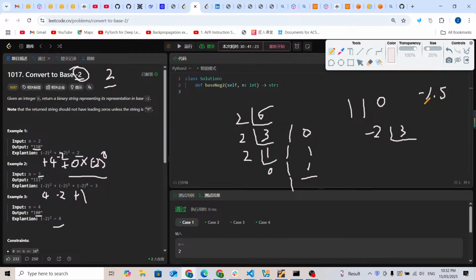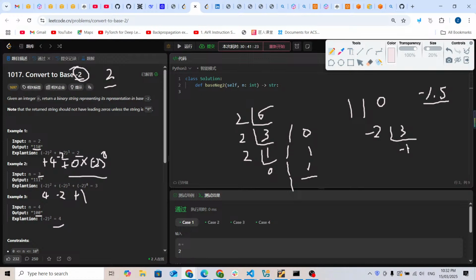But we cannot have decimal values. We only need the integer. So instead of -1.5, we need an integer of -1.